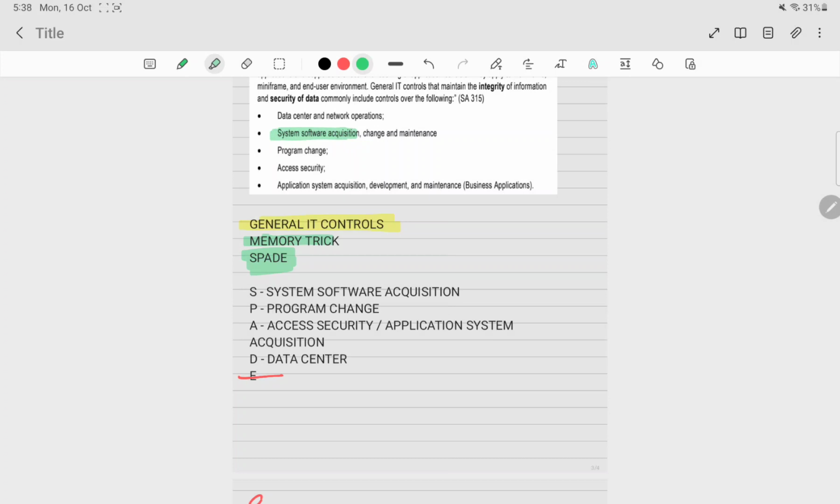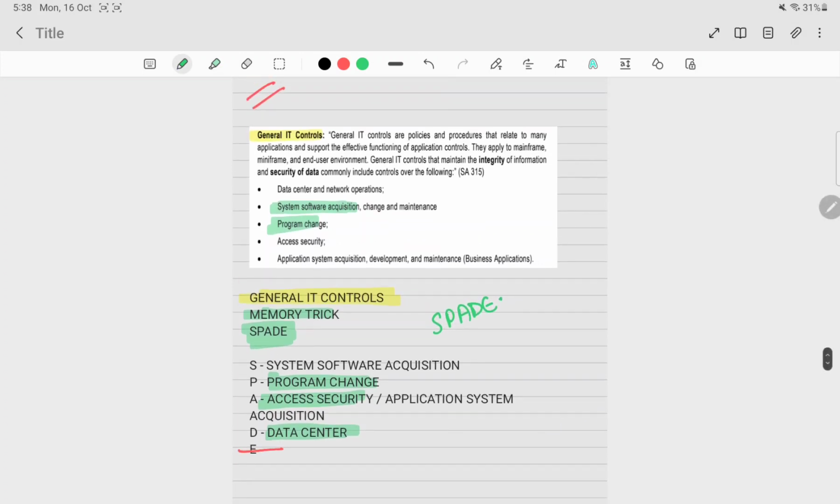Now from P you can remember program change. See, again from A you can remember access security. From D you can remember data center.